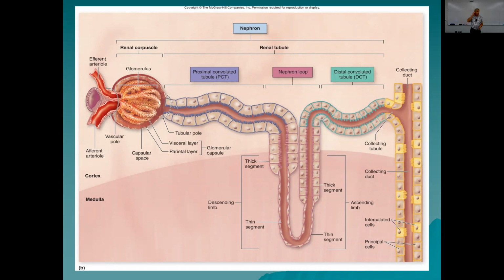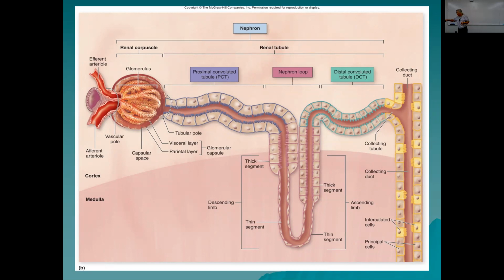They're also called visceral capsular cells. This is the capsular space. In this renal capsule is a space. It's a tiny space, but still a space, and it's lined by parietal capsule, which is on the outside of the space. And on top of the glomerulus is the visceral capsule, or the podocytes.